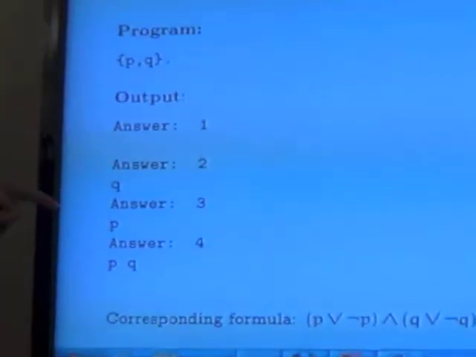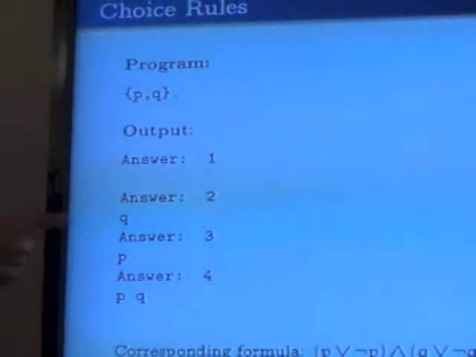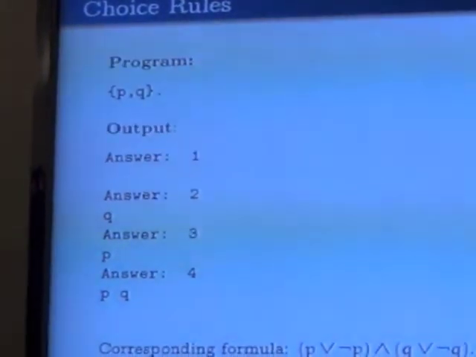Any combination of choices is okay. So for this input, this is the output produced by an answer set solver. It will say it's okay to make both of them false, or Q false and P true, or the other way around, or to make both of them true.